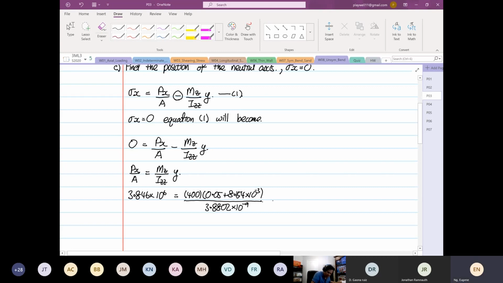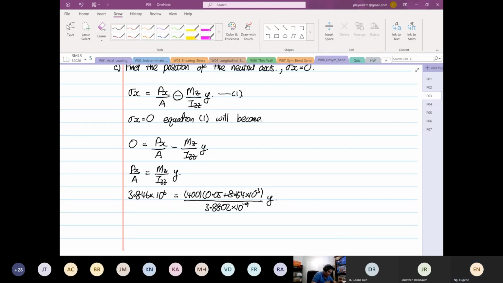So it's the Y location that you want to look for now, okay? So this is equal to 400 times 0.05 plus 8.154 to the power of minus 3, close bracket, okay? So 3.846 to the power 6 divided by the moment times 3.8802 to the power minus 9.